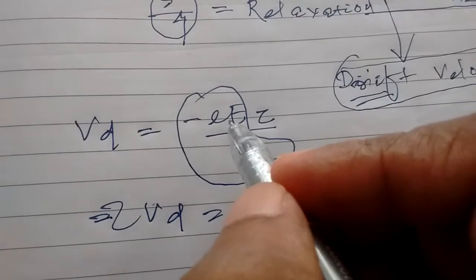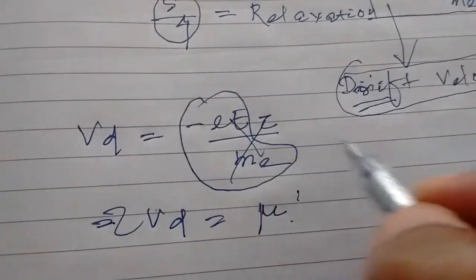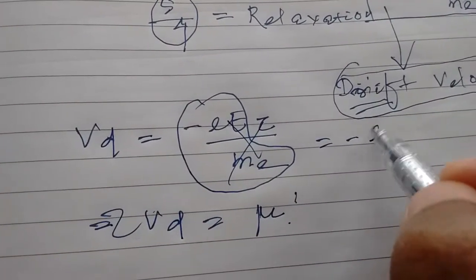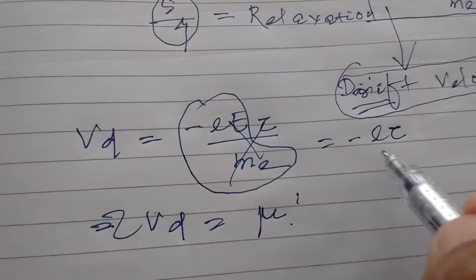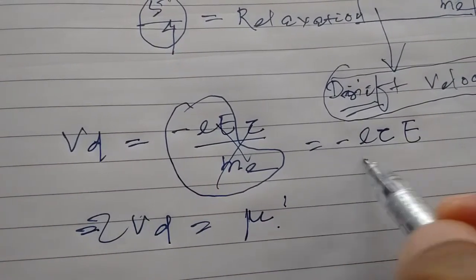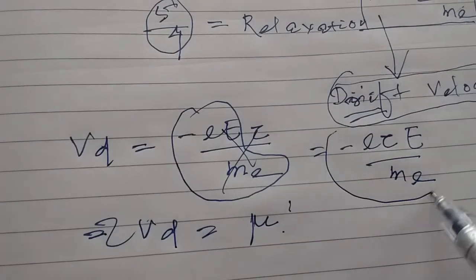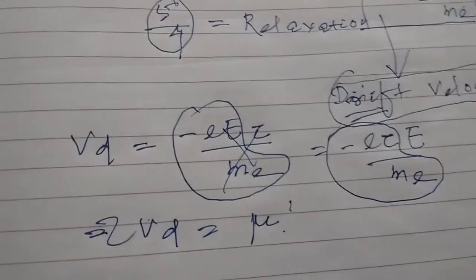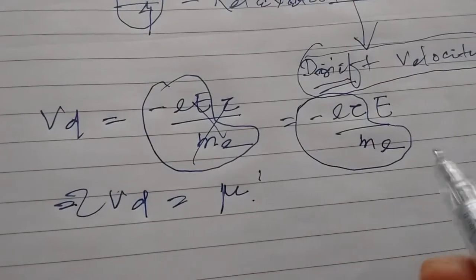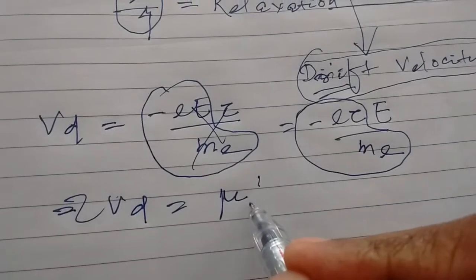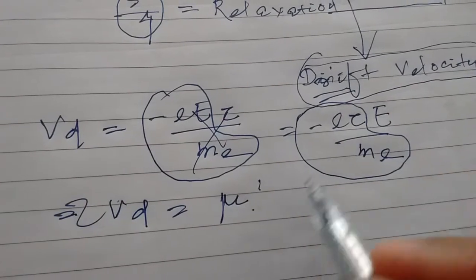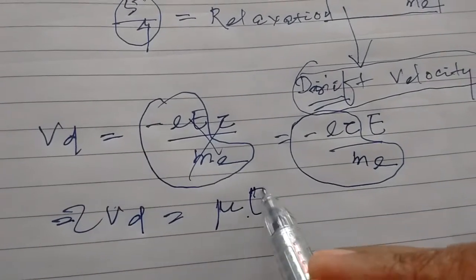Sorry, big mistake. It is minus E tau by me. Now mu is the mobility, this factor is called mobility, into E.